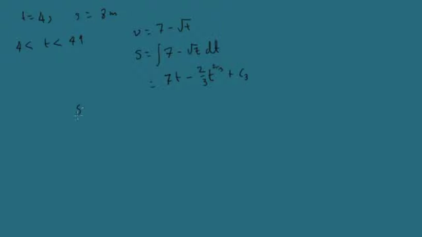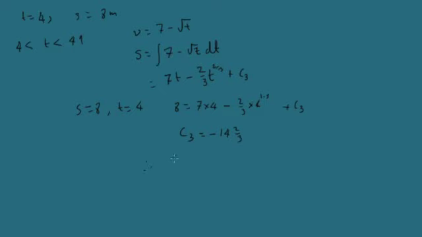When s is 8, t is 4, this will give us 8 equals 7 times 4 minus 2/3 times 4 to the power 1.5 plus c3. Working all that, c3 will be minus 14 2/3.